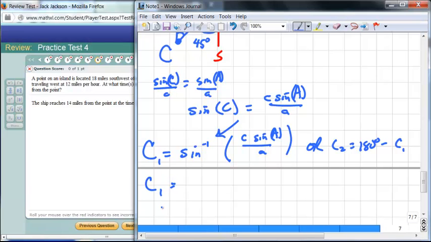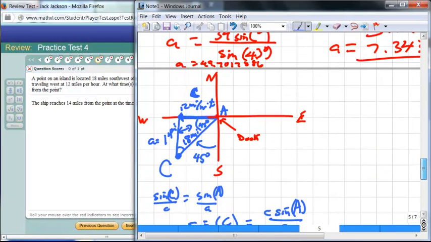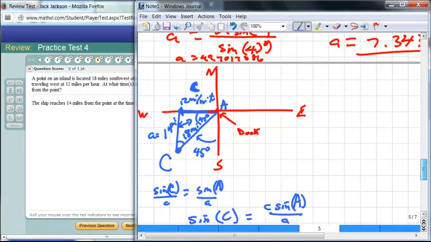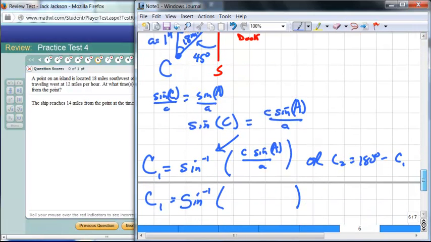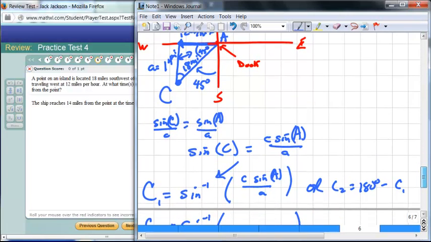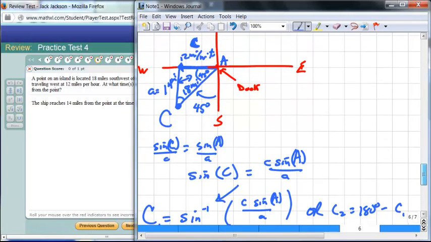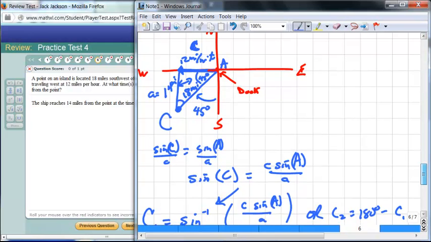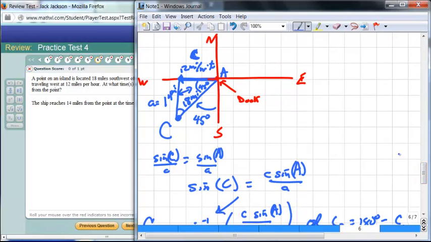So let's find C1. C1 is inverse sine of C is, wait a minute. I don't know C. What am I trying to do here? Oh, I can't do this one. I need to find angle B first, because we know side B. So change the C's to B's.